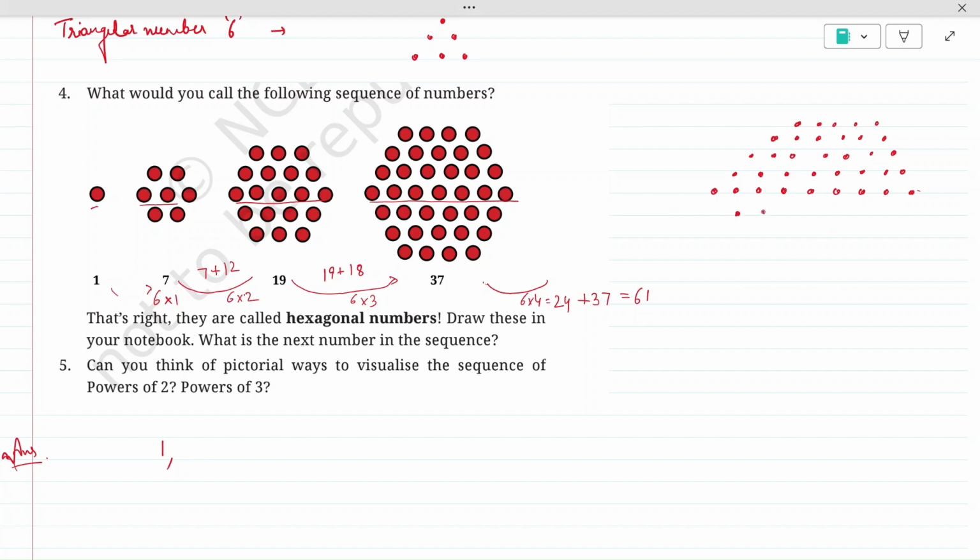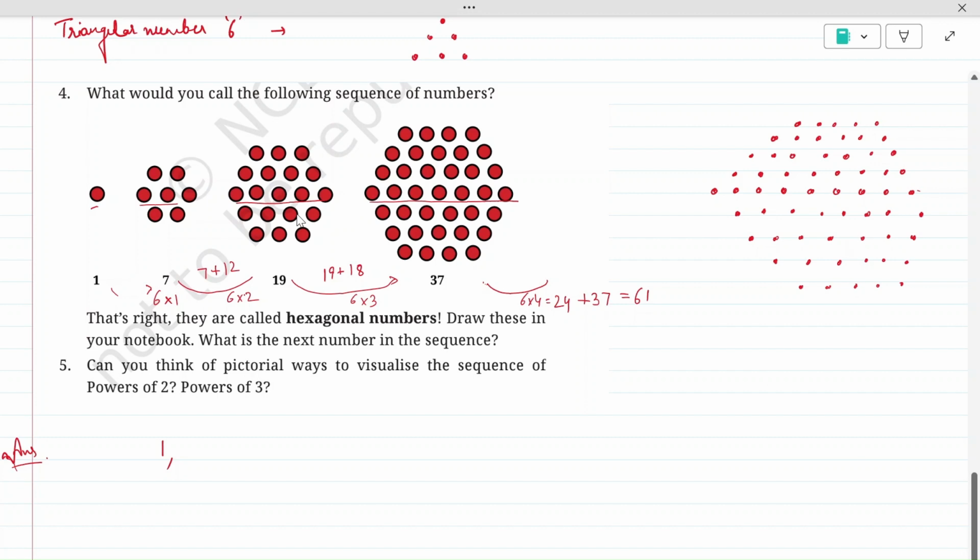Same thing we are going to repeat in the form of a hexagon. 8, then 7, then 6, then 5. So if you count it, these are 61 dots, and it is in the form of a hexagon.